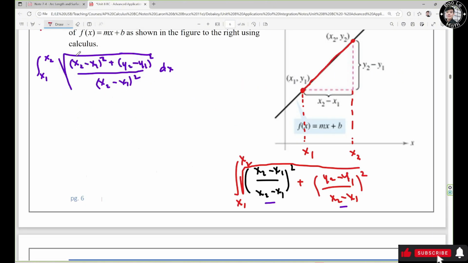Now keep in mind the whole thing here is actually a constant, because it's not a variable. The variable here is just x. This one is constant, this one is constant, this one is constant. So keep that in mind.